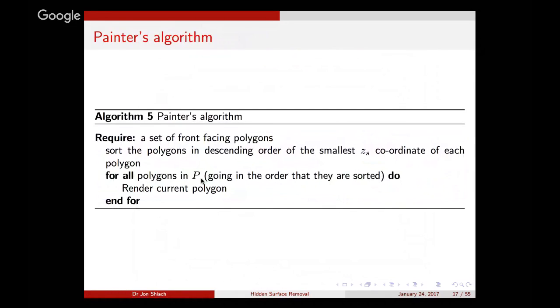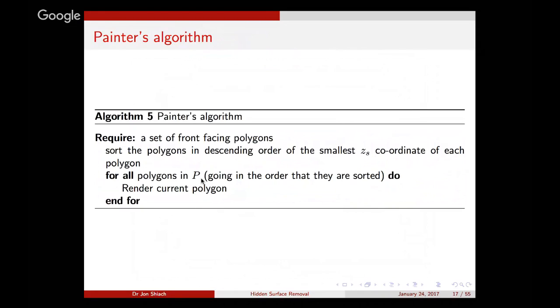What we do is, after back-face culling, you should have a set of all front-facing polygons. And what we do is you sort the polygons into descending order by the smallest z-space coordinate.